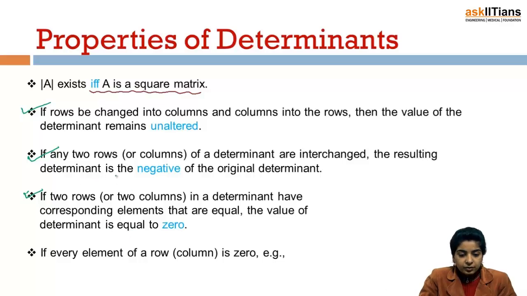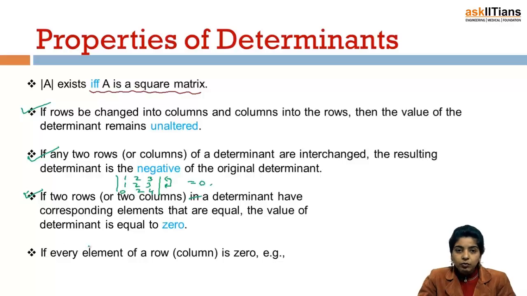Suppose I have 1, 2, 3, then again I have 1, 2, 3 and 0, 2, 4. Since these two rows are the same, you can directly say the value of this determinant will be equal to 0 without any computation. And similarly, if any two columns of a determinant are the same, the corresponding entries are the same, then the value of that determinant is also equal to 0.